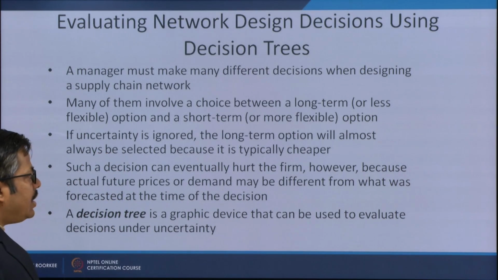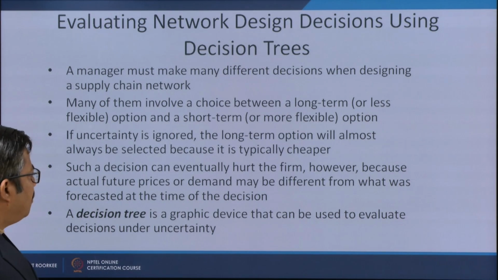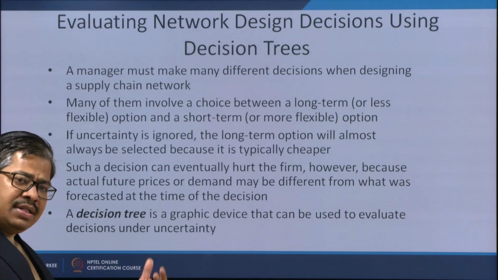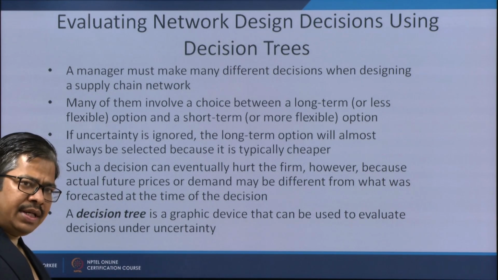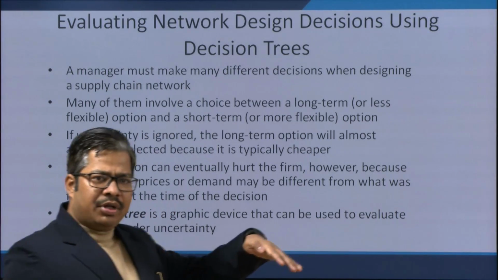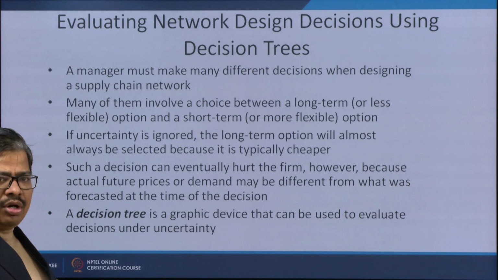If uncertainty is ignored, the long term option will almost always be selected because it is typically cheaper. So when uncertainty is less, you will like to have long term decisions, because in that case you will incur the minimum possible cost of taking that decision.